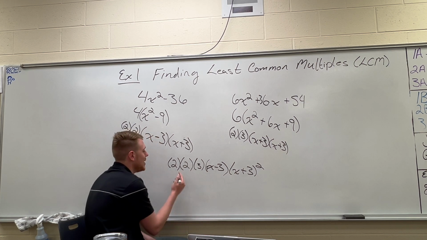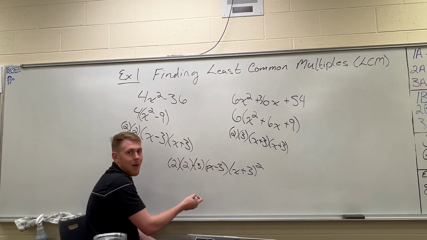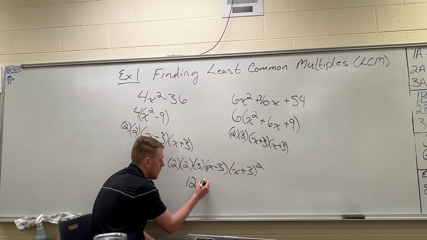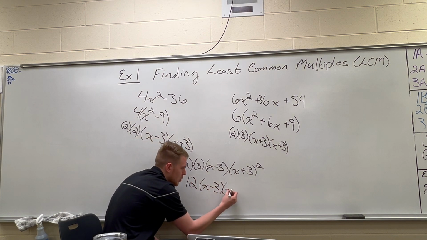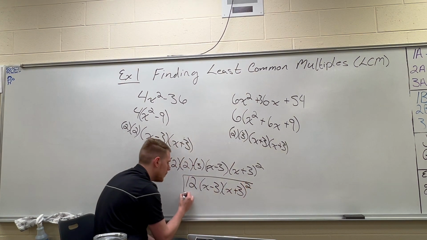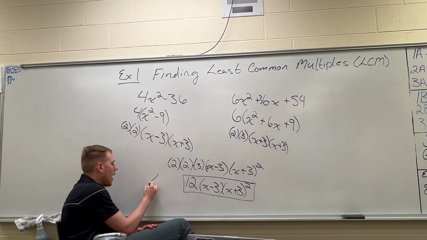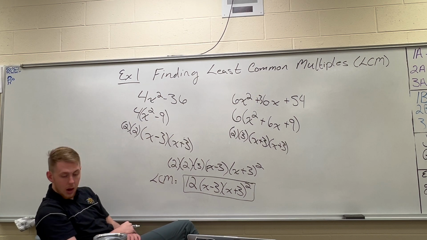And by simplify, I just mean we just can multiply these three together. So 2 times 2 is 4. 4 times 3 is 12. This is going to be 12 x minus 3 x plus 3 squared. That's your answer. This is your least common multiple. 12 parentheses x minus 3, x plus 3 squared.